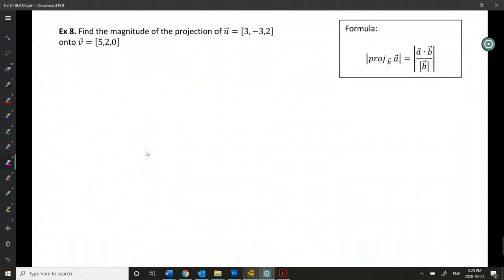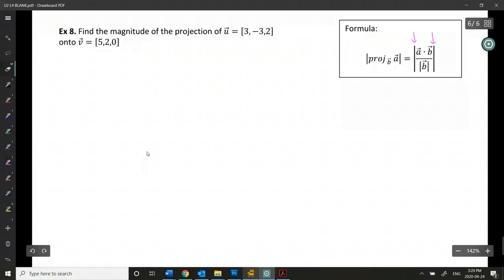Okay, and then our last example for the day is finding the magnitude of a projection. So just to remind you, when we're working with Cartesian vectors, the magnitude of the projection of one vector onto another can be found by finding the dot product of the two vectors over the magnitude of the vector being projected on.